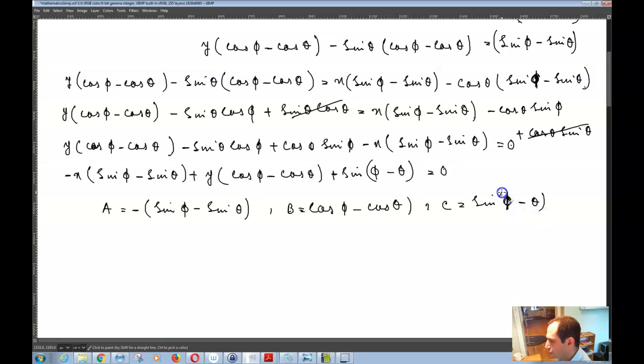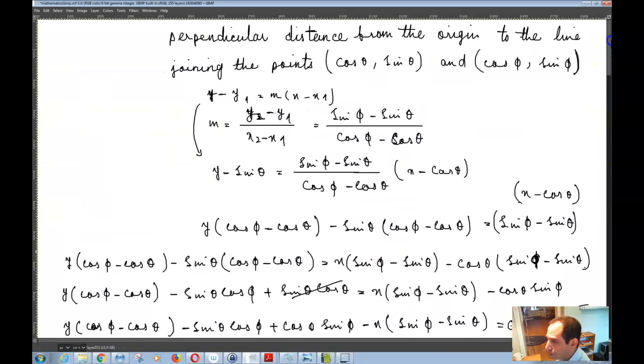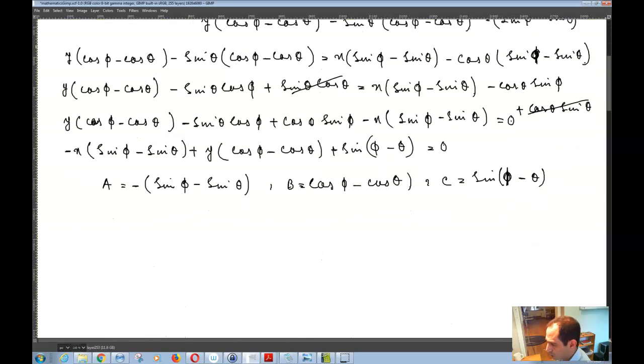And so what you want to do now is find the perpendicular distance from the origin to this line.